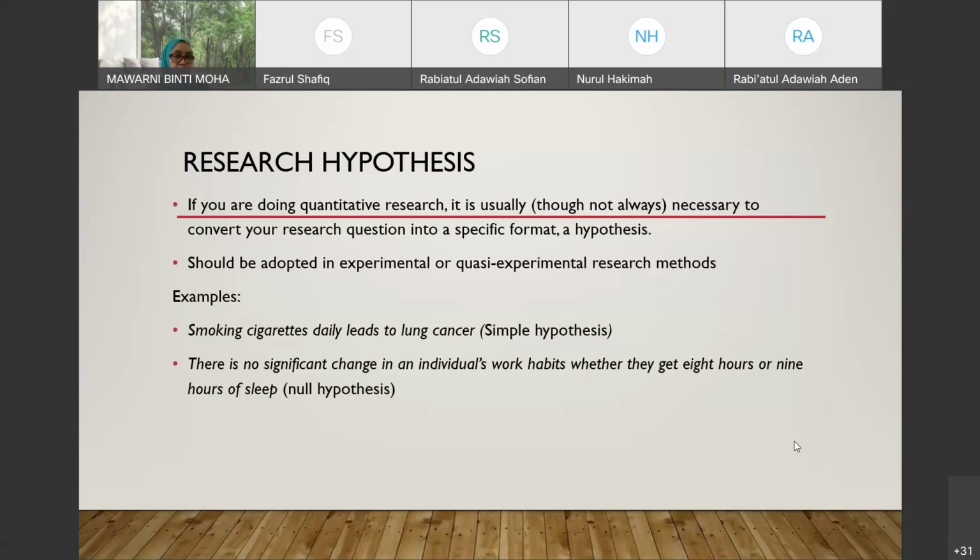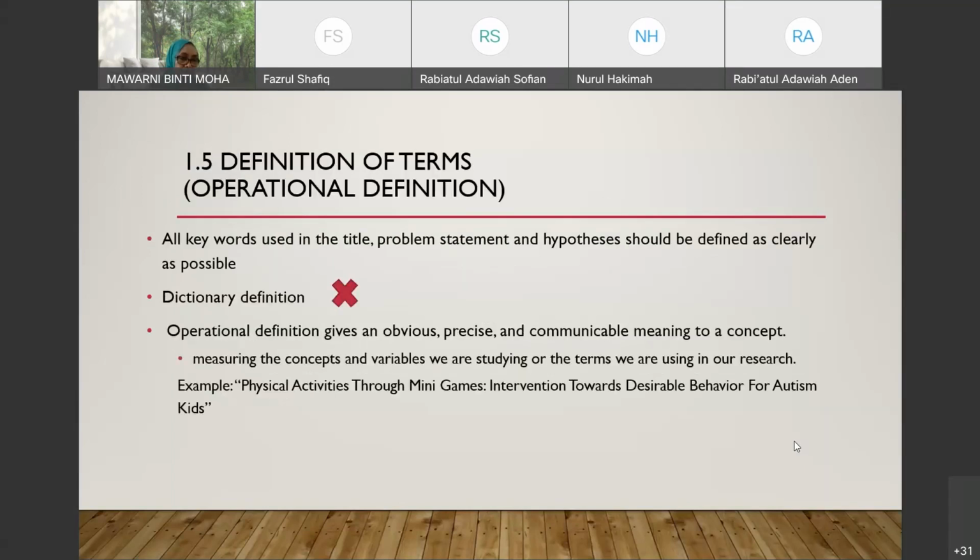Right. Now moving on to the next aspect, which is the definition of terms. This is also something that students are not aware of, on what's the right way to do it. Definition of terms, or what we call operational definition, are keywords that you use in the title, the problem statement, and hypothesis that should be defined as clearly as possible.